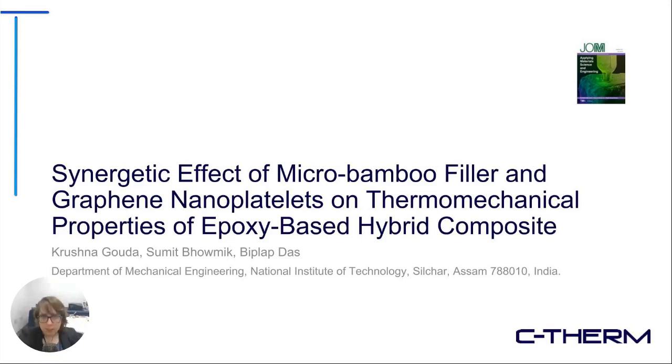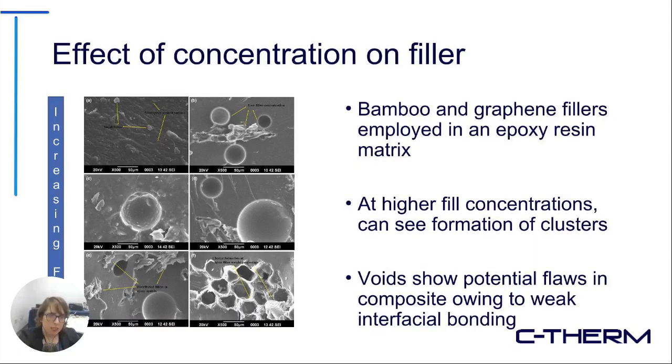The next set is titled Synergistic Effect of Micro Bamboo Filler and Graphene Nanoplate on Mechanical Properties of Epoxy Based Hybrid Composite. So this is looking at an epoxy nanocomposite where bamboo and graphene were used as fillers.